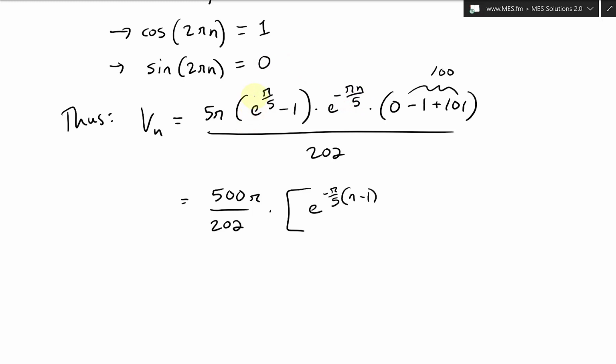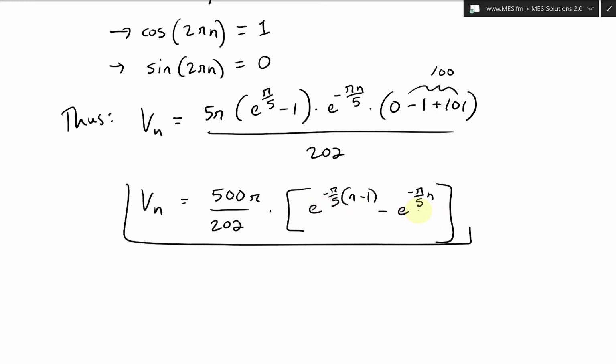Like that, and minus, and there's a minus 1 here, so e to the negative pi n over 5, like that. And as you could see, this is a telescoping sum right here. Well, yeah, there's a telescoping sum when we sum it to infinity, when we take the series. So this is Vn. So here's the exact one right there.